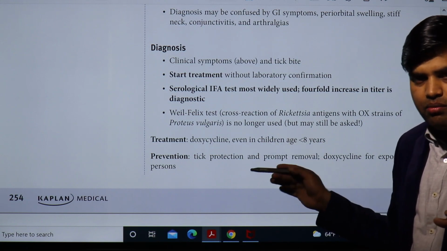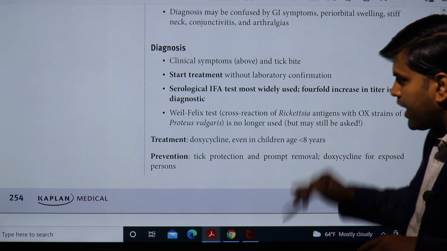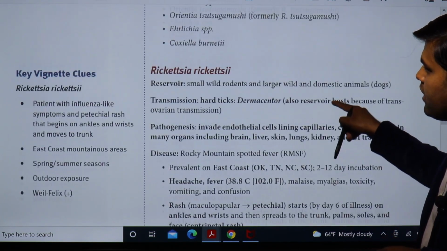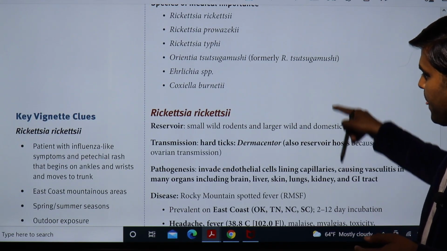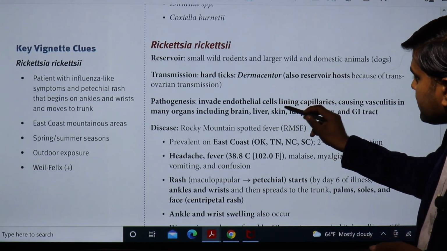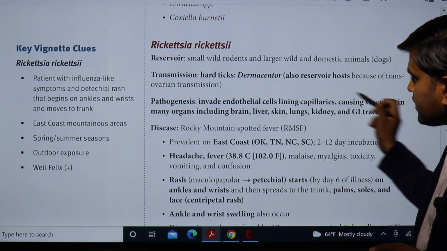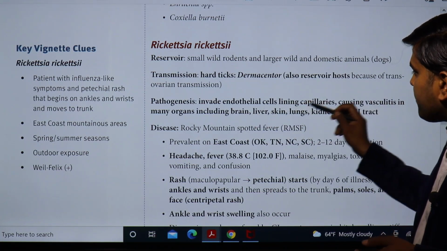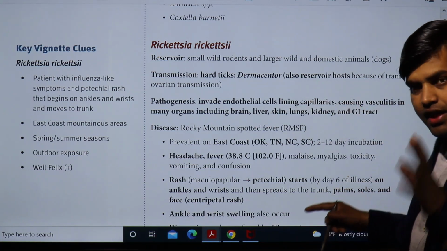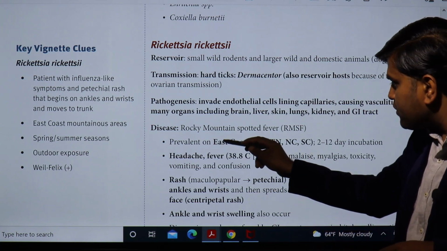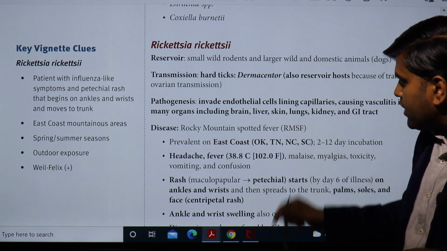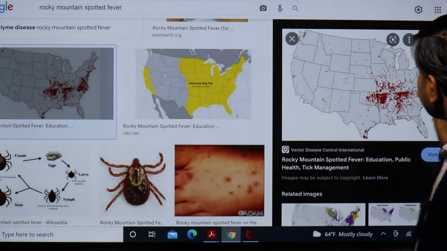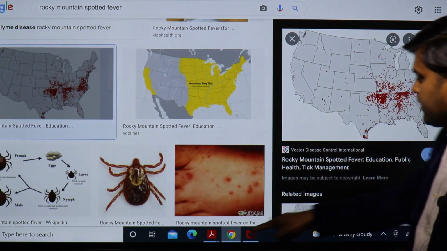They can ask about it, but it is usually not done at present in the United States. We can go for molecular tests as well. You know the pathogenesis: they invade the endothelial cells lining capillaries, causing vasculitis in many organs, including brain, liver, skin, lung, kidney, and GI tract. That is important. The patient will come from the east coast region of the United States. I have shown you the figure. This is the east coast region of the United States.